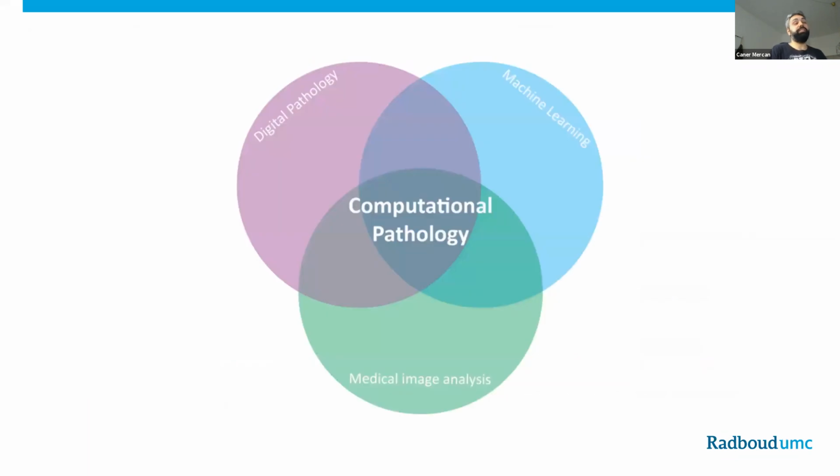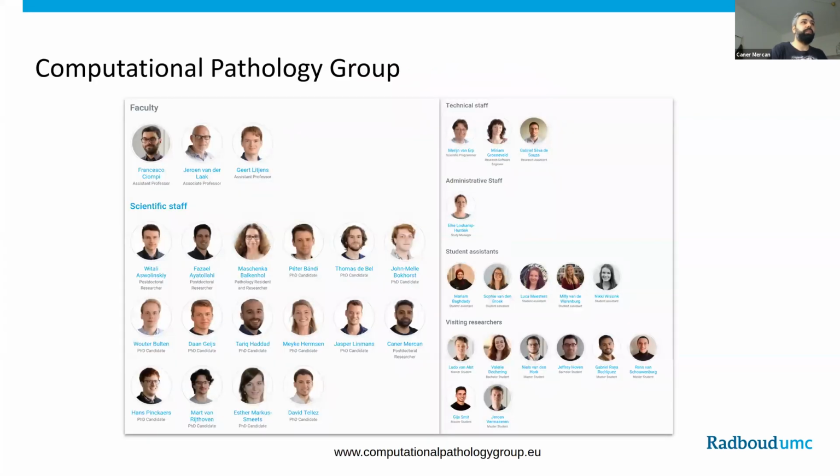So enter computational pathology. It's comprised of digital pathology, medical image analysis, and machine learning. Well, nowadays only deep learning. We are at the heart of these three disciplines. Here in Radboud UMC, we are a group of people from different backgrounds working on various topics. Our group is in the Department of Pathology in Radboud UMC.